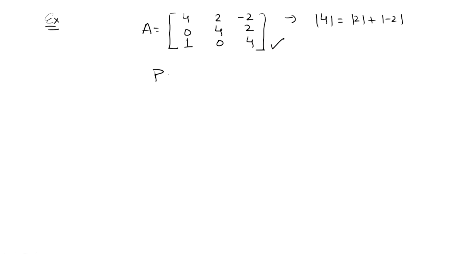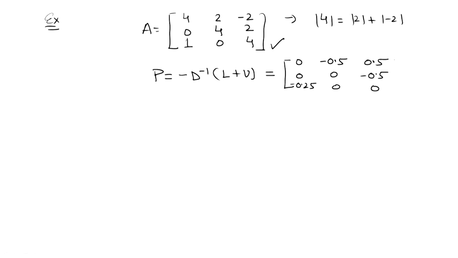So, if we talk about the Jacobi method, let me calculate the iteration matrix for the Jacobi method. It will be minus D inverse into L plus U, and it comes out to be 0, minus 0.5, 0.5, 0, 0, minus 0.5, minus 0.25, 0, 0.